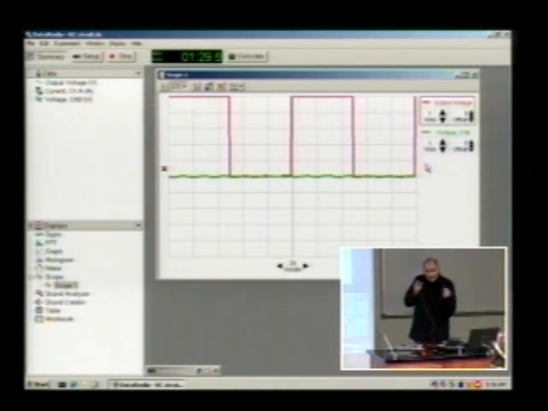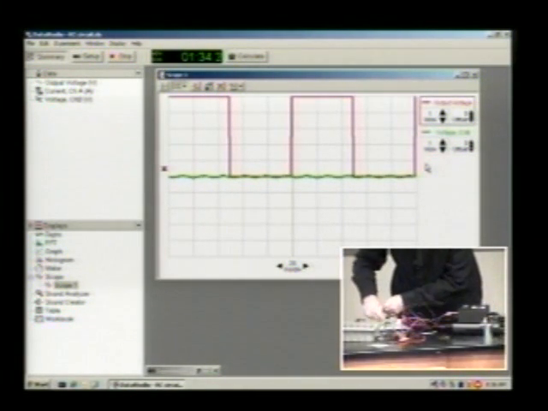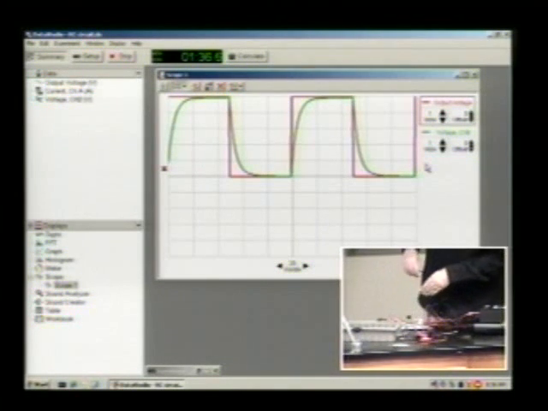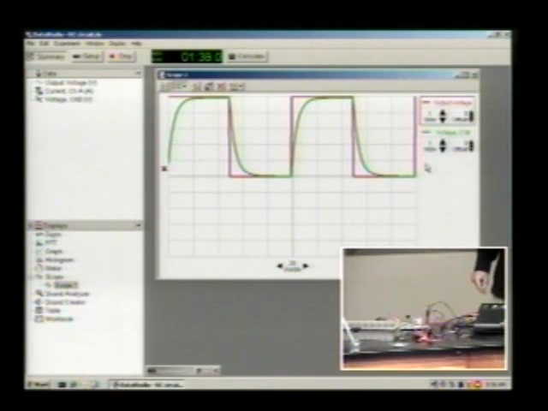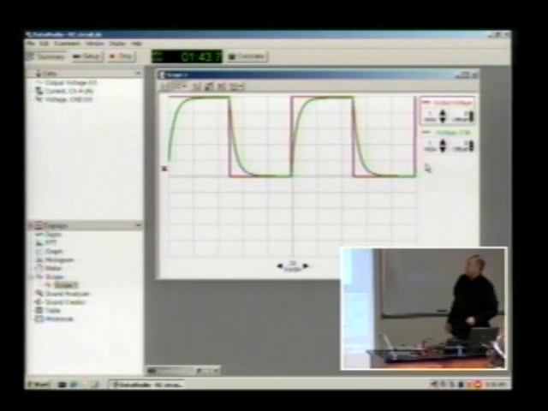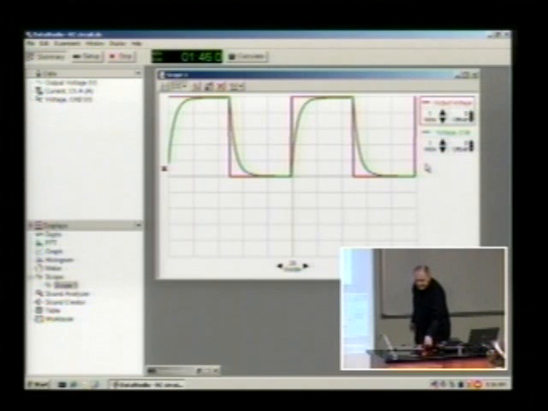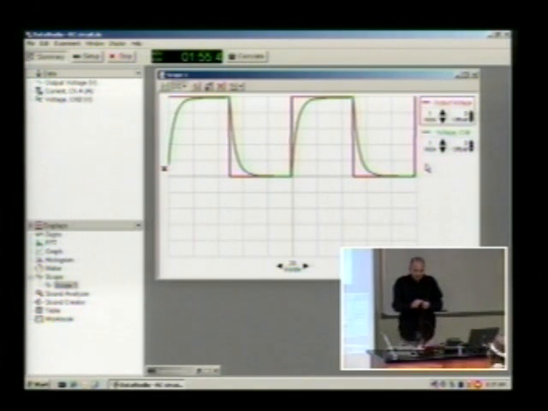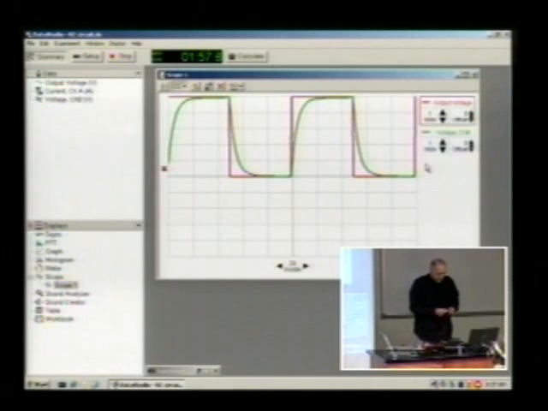All right, so now I connect these two terminals across the capacitor. And this gives me a potential difference across the capacitor. Now, how about if I try now to connect a second sensor to measure potential difference across the resistor simultaneously.